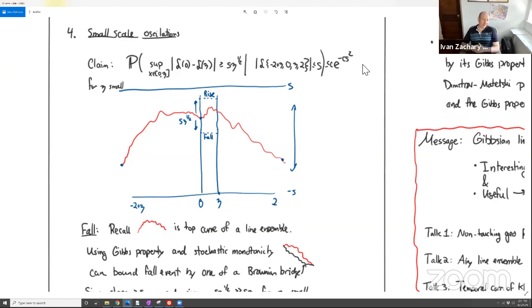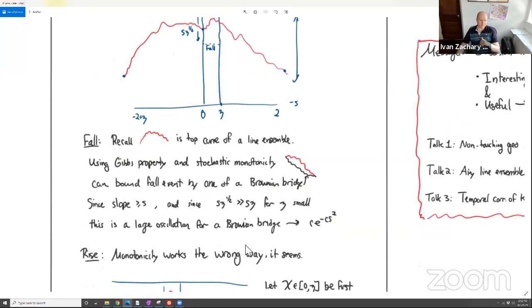And that boils down to the fact that the slope is like eta, but the scaling of the change we're interested in is like eta to the 1/2. And for eta small, eta is much smaller than eta to the 1/2. So eta to the 1/2 is still a really big change, even relative to the slope that we're looking at. Okay, so this shows that the probability of a quick fall is Gaussianly small. So that's what's described here.